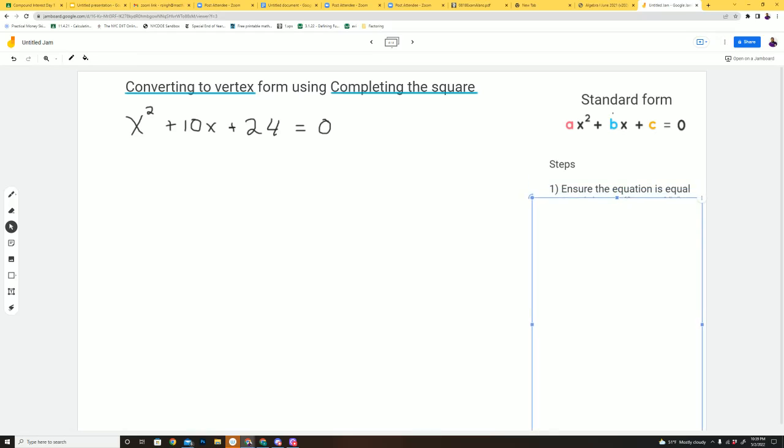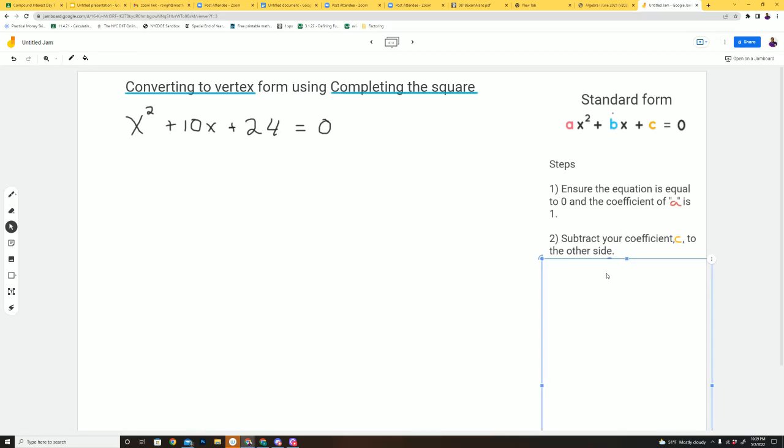So our first step is to ensure that our equation is equal to 0 and that the coefficient of a is 1. Our value of a is before x squared, and since we don't see it, we know that value is 1. Then we move on to step number 2.